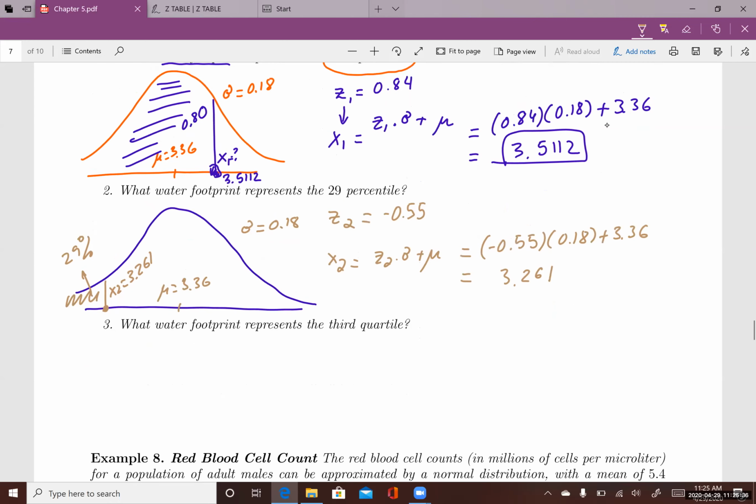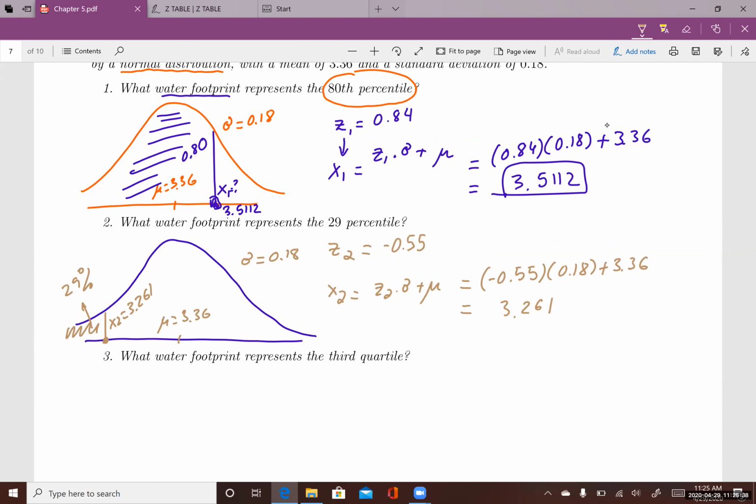Okay, and then the next question is, what water footprint represents the third quartile? Do you remember the third quartile? The third quartile is the value that corresponds to 75%, right? The first 75% of the population is the third quartile.